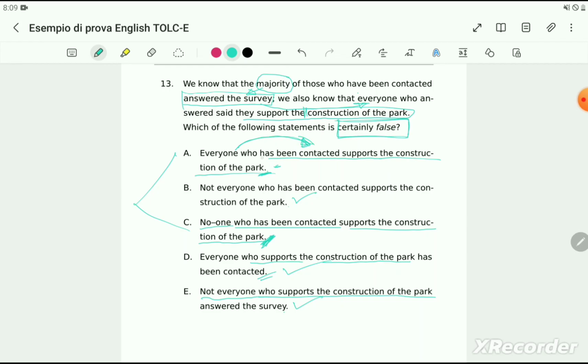Everyone who participated in the survey supports the construction of the park, and no one who has been contacted supports the construction of the park. This is also wrong. So I'm literally confused about this answer. The answer could be A and C. I cannot say the right answer for this question.